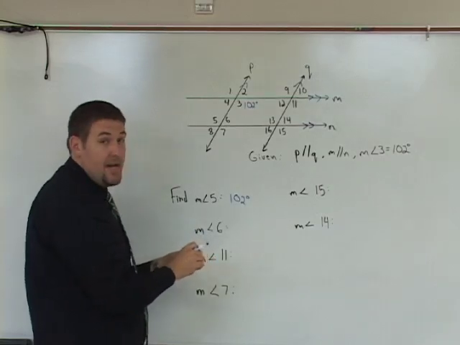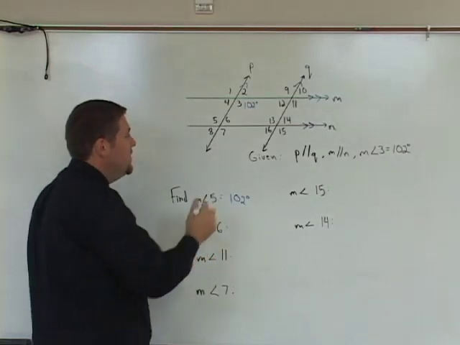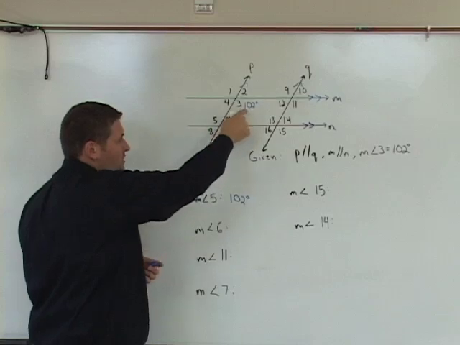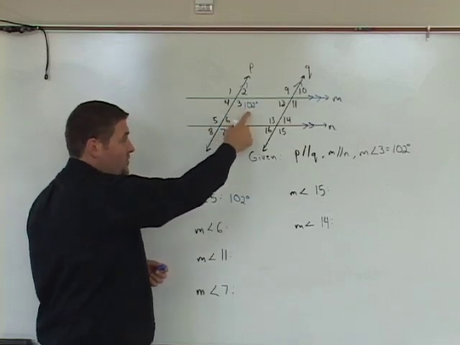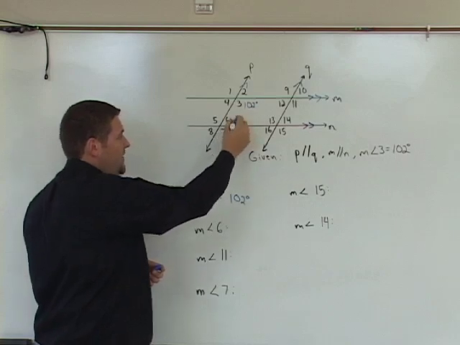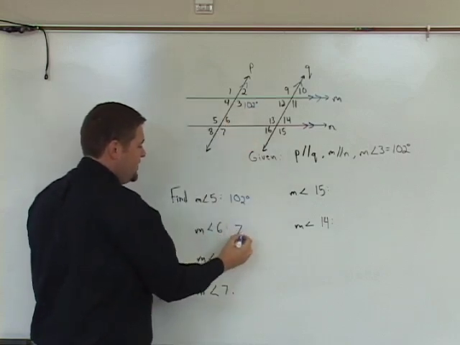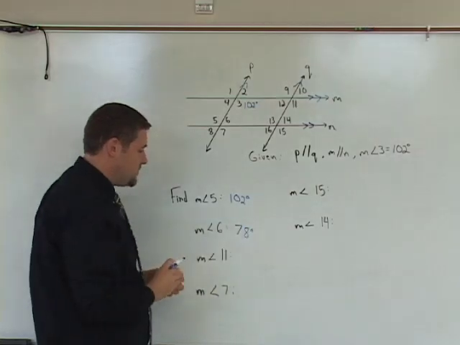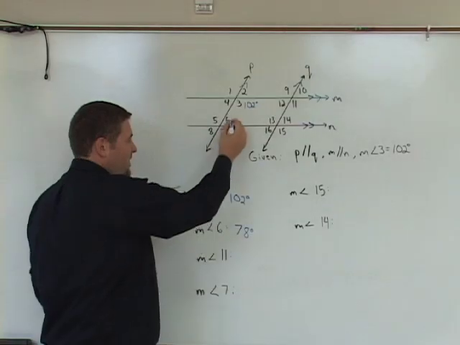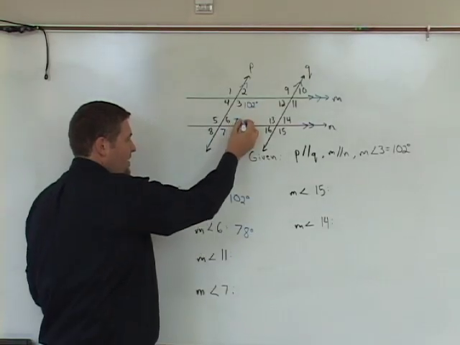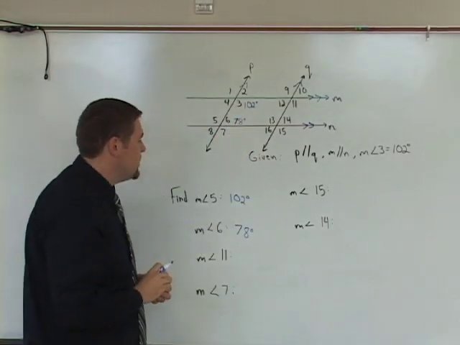So those must add up to 180 degrees. So this angle and 102 degrees have to sum to 180. In reverse, 180 subtract 102 will give us 78 degrees. So the measure of angle 6 is 78 degrees. Now, since we're using the same diagram, I'm going to fill in this 78 degrees. It may come in handy for us later in the problem.